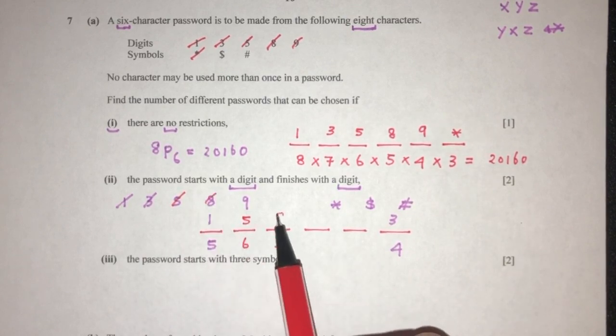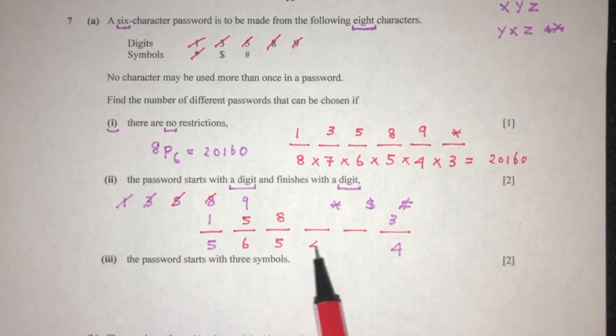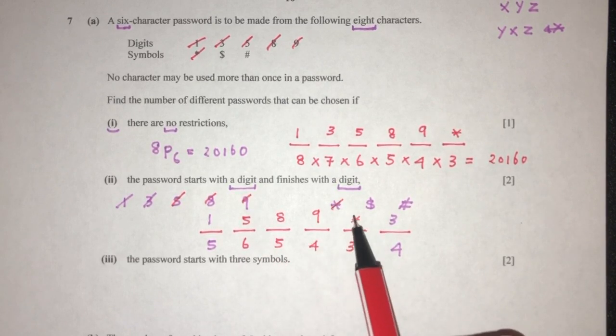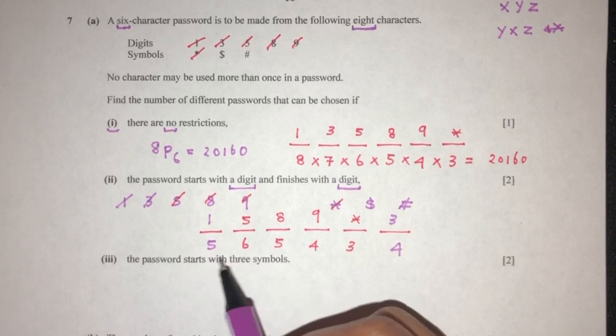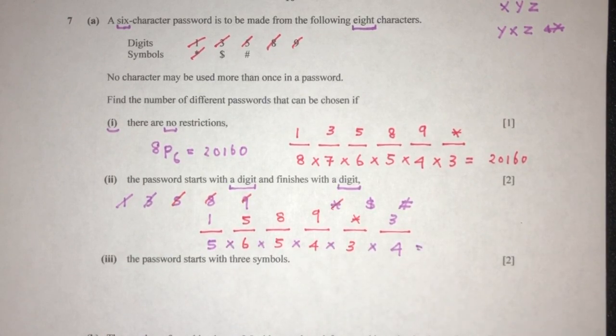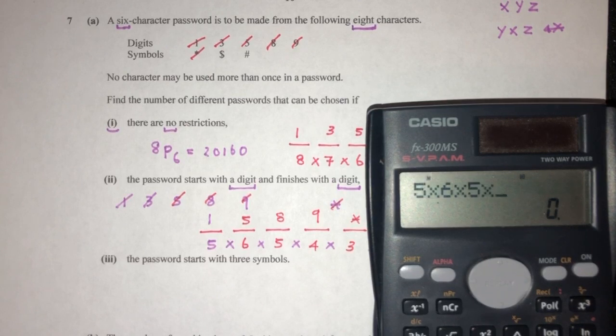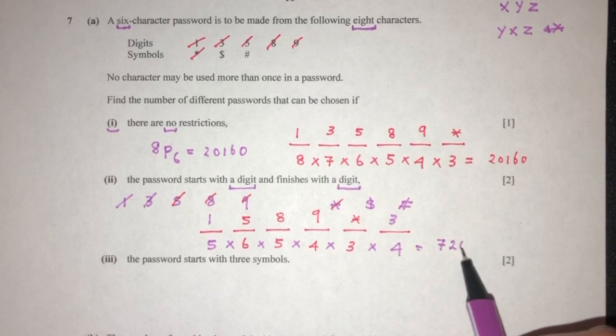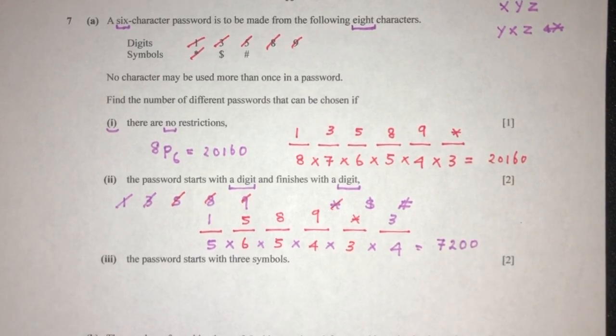Let's say we choose 8. Remaining 4 options. Let's say we choose 9. And then remaining 3 options. Let's say we choose this one. So your answer will be 5 times 6 times 5 times 4 times 3 times 4. That will be 7,200 for the number of passwords that we could form with this condition.